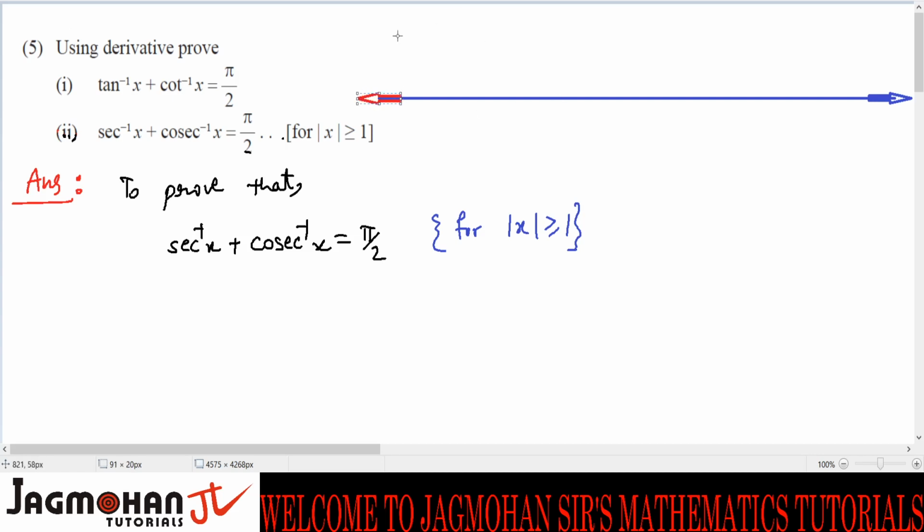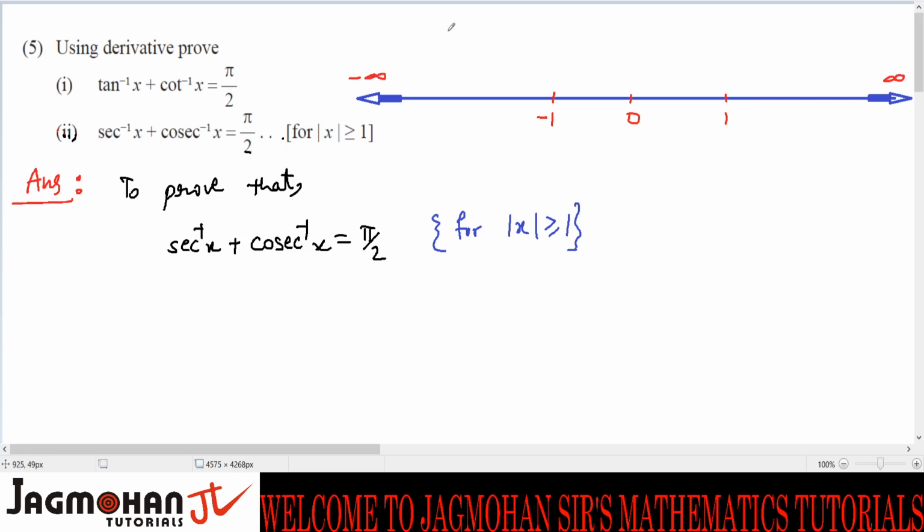In between we have number 0, this is number 1, positive 1, and this is negative 1. Then it continues this way, and here I will have positive infinity. This side it will be negative infinity.